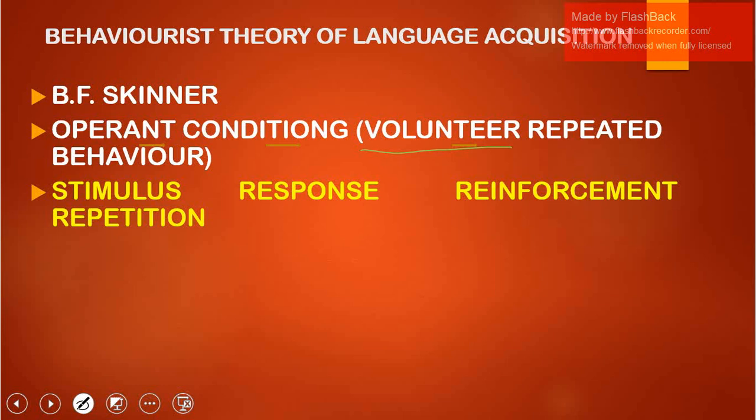The four things are very important in this theory. What are those things? Stimulus, response, reinforcement, and repetition. First of all, stimulus is anything which will take a response.